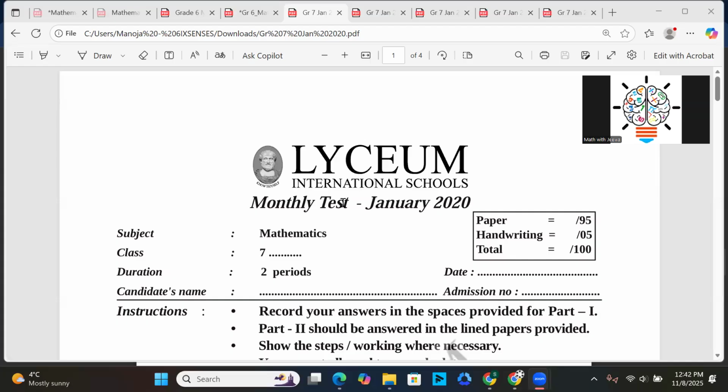And these papers were prepared based on the textbook STP Mathematics 2A. Therefore, whatever the curriculum you are following now, it doesn't matter. You can take these past papers to practice.